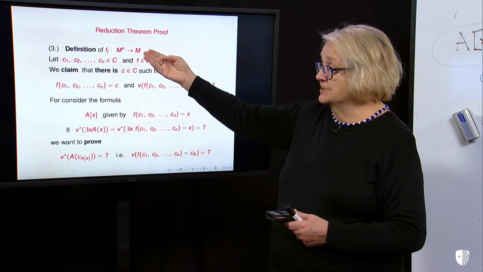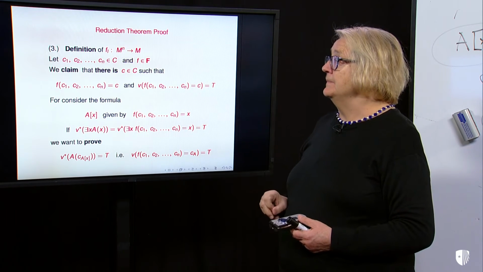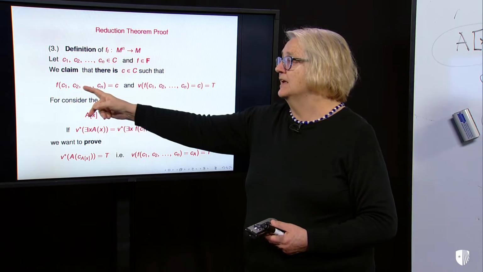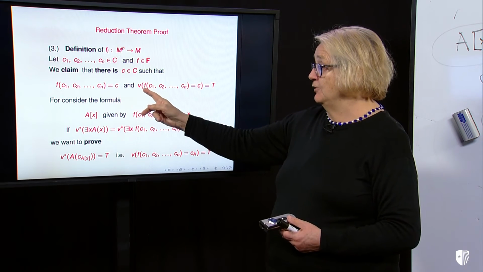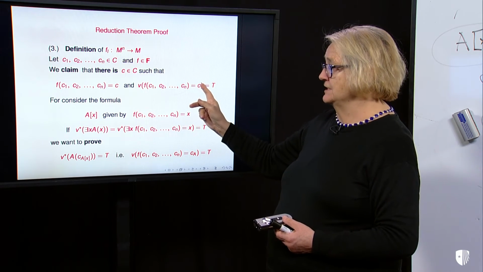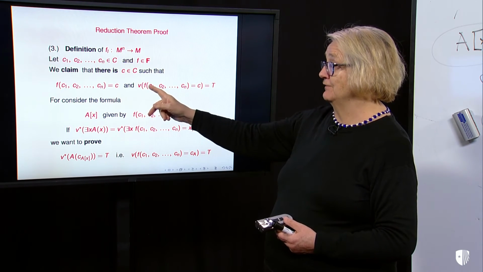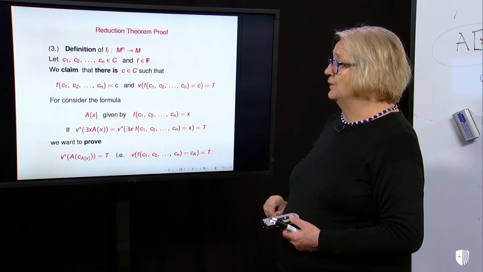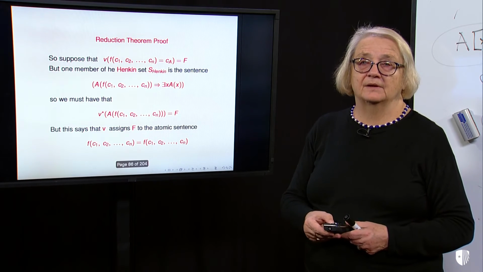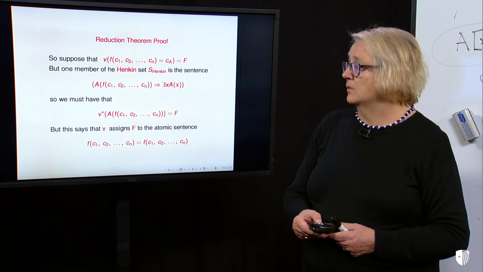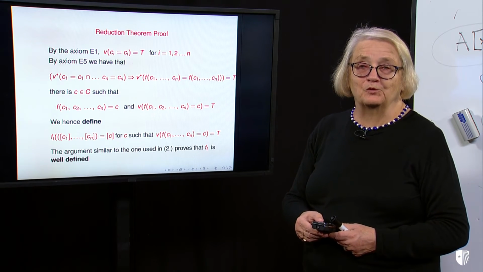And now functions. If you have the constants, we claim that there is c such that f of those constants is c, if the value of f equals c is true. So you see, this is a term which is equal to c, so this is a relation, a prime formula, atomic formula, whose value is T. And then I show that it is all true in all nice details, step by step, which is very useful to see.